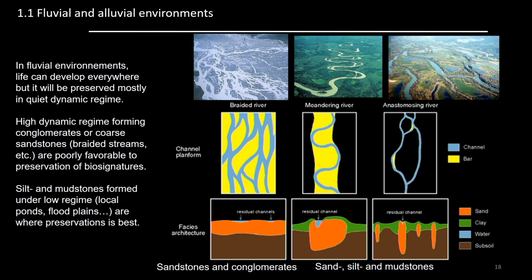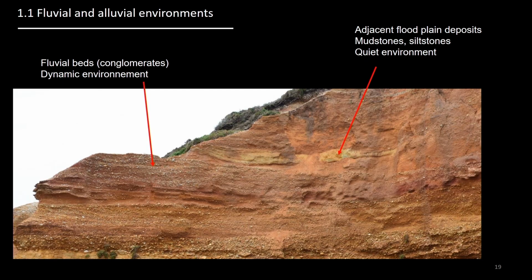For braided systems in cross-section, it's mainly sandstone and pebbles or conglomerates, so it's more dynamic. So we are looking more for this kind of stuff on Mars to find stable accumulation, stable environments, not too dynamic.